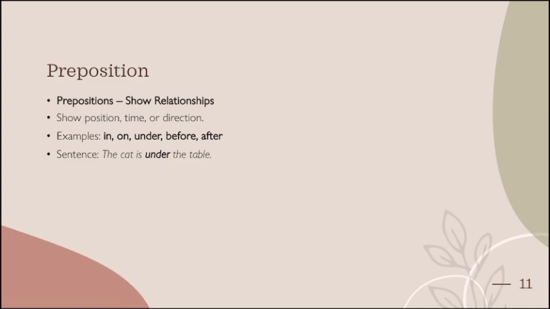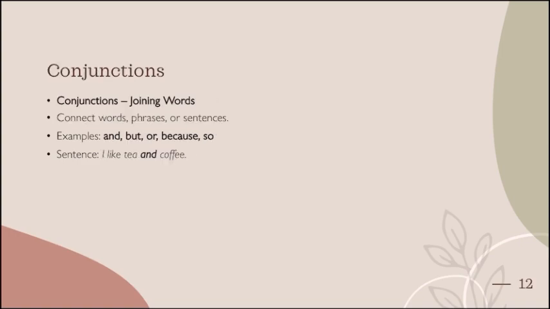Examples: in, on, under, before, after. In the sentence, the cat is under the table, under is showing the position where the cat is present. It is present under the table, right? It is showing the position of the noun, where it is. Hence, it is considered a preposition.